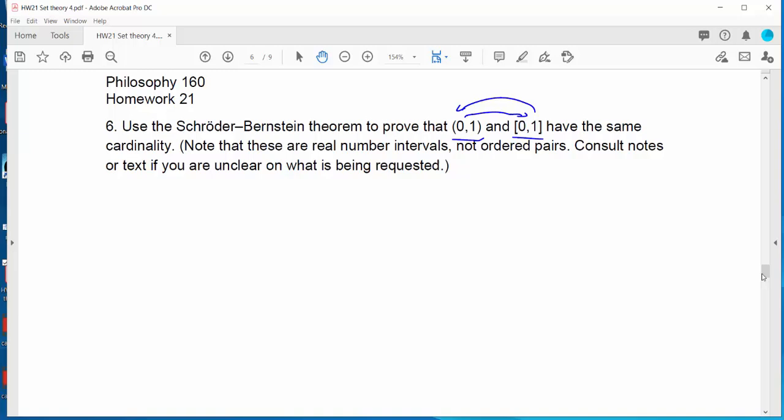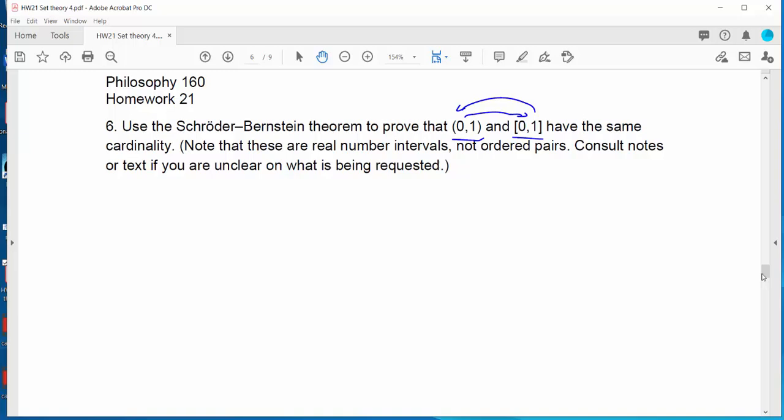Going in the other direction, from the closed interval 0, 1 to the open interval, requires just a little bit more thought, because now you have 1 and 0, which are not in the open interval. So you can't just, for example, use f of x equals x.